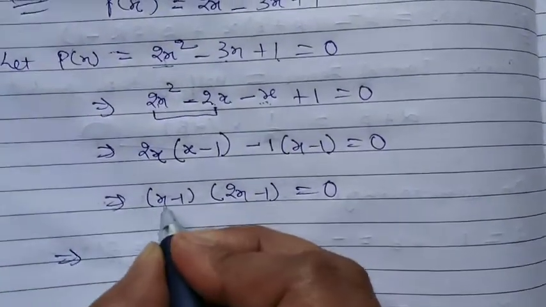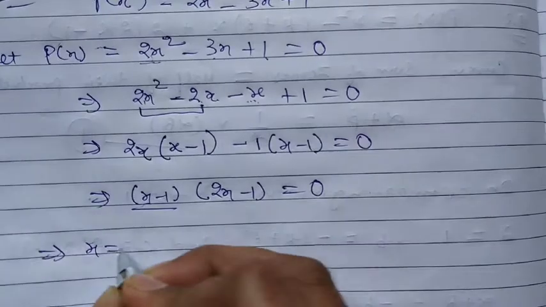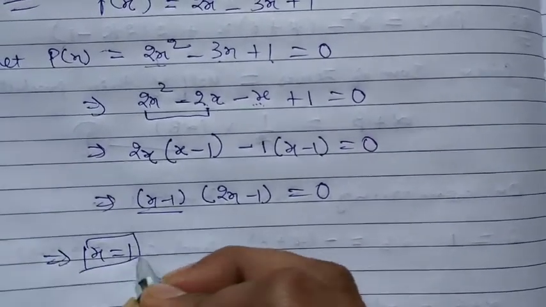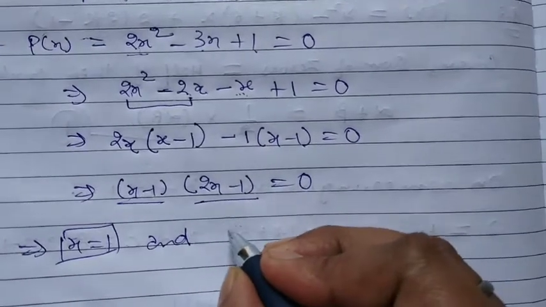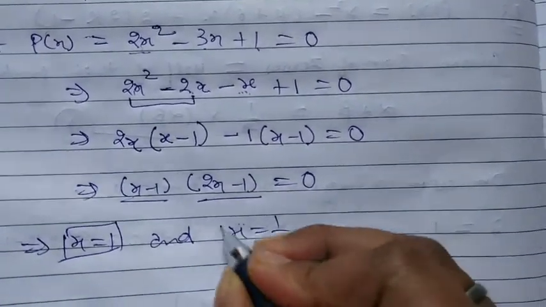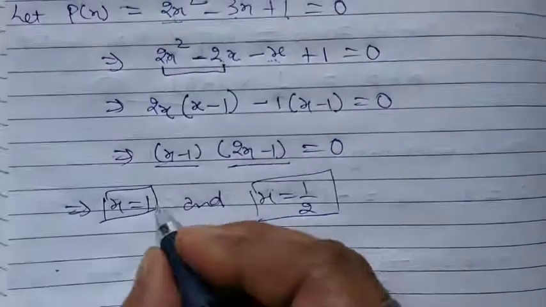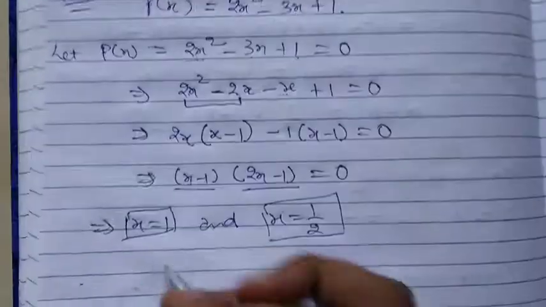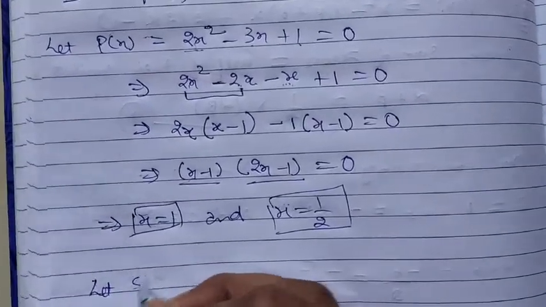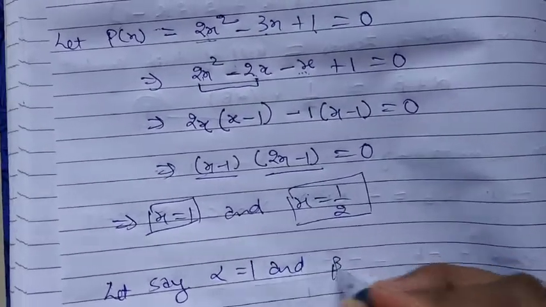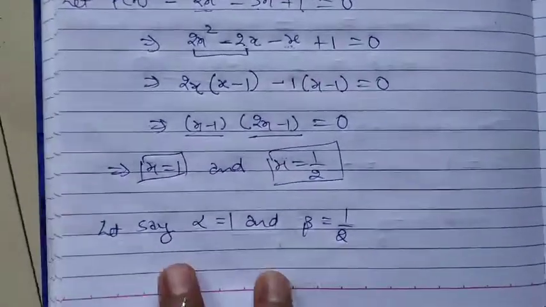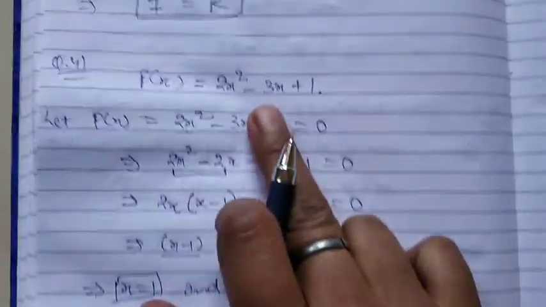Which implies on putting this equal to 0 you will get x equals 1, and on putting this equal to 0 you will get x equals 1 by 2. So these are two zeros of this polynomial. So let's say alpha equals 1 and beta equals 1 by 2.